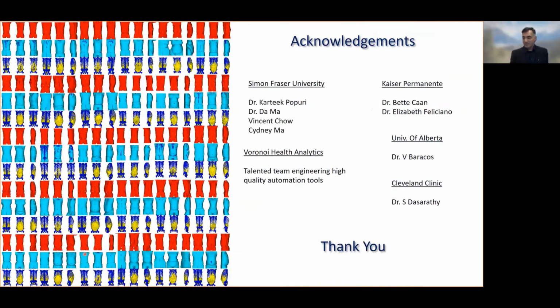My collaborators, all the research participants who provide images, and publicly accessible databases such as TCIA that facilitate this research. The audience, for taking an hour of your valuable time and attending this talk. I hope I was able to create some value for you. Funding agencies: the Natural Sciences and Engineering Research Council, NSERC, CIHR, the Canadian Institutes of Health Research, and also the NIH for funding parts of this research. Michael Smith Foundation for Health Research as well.